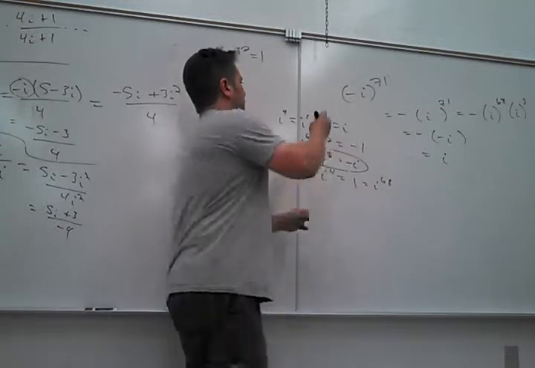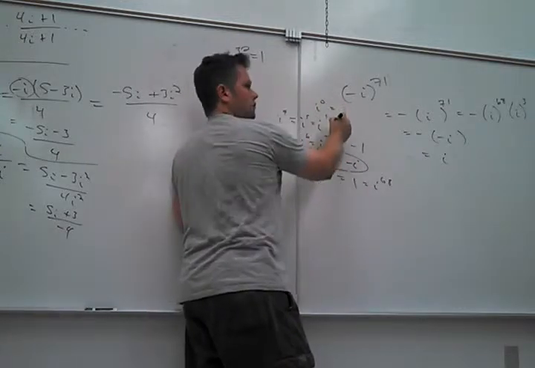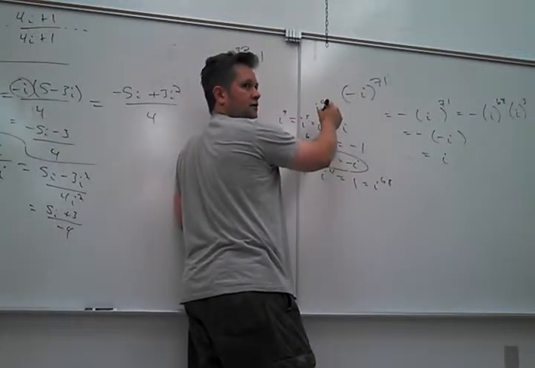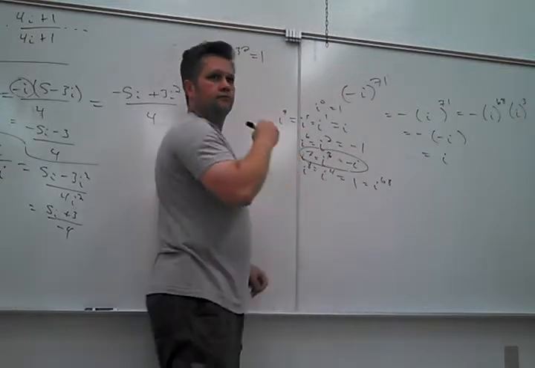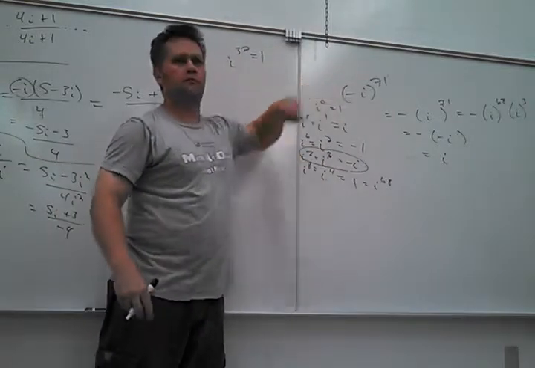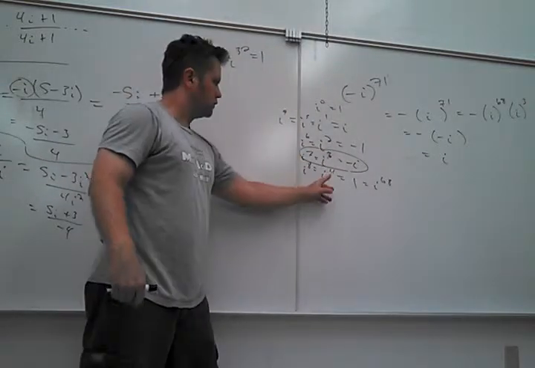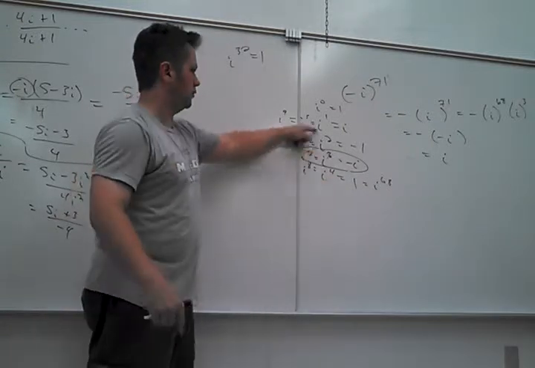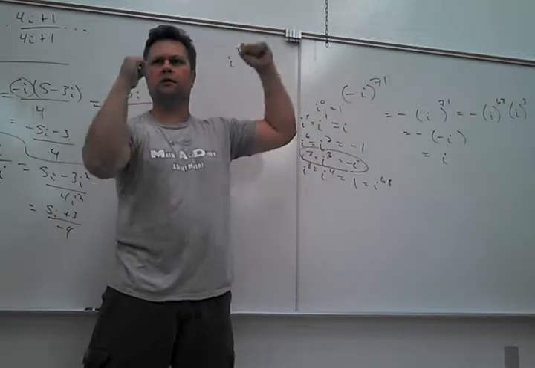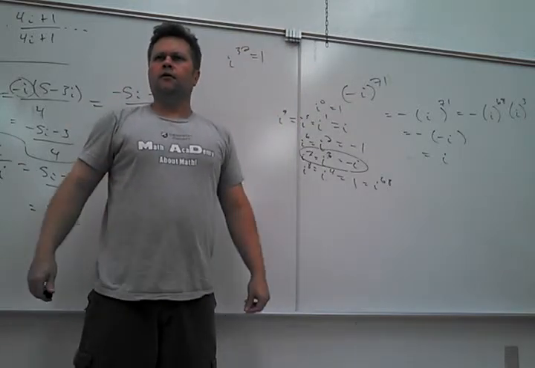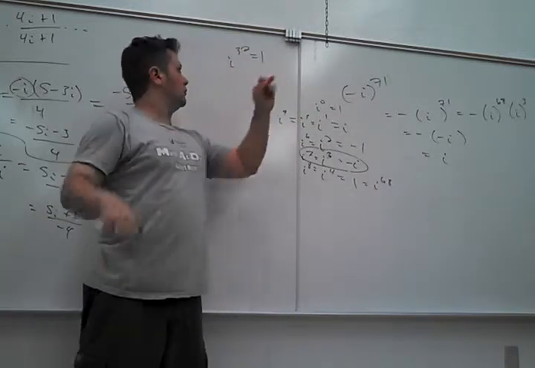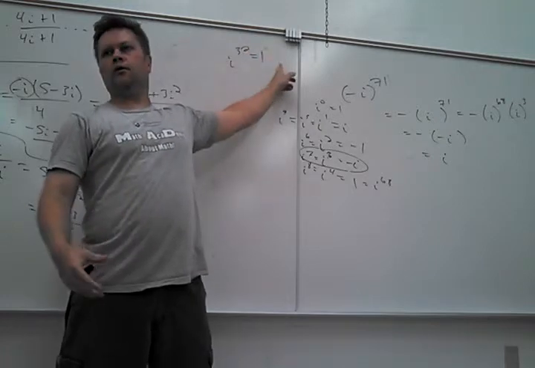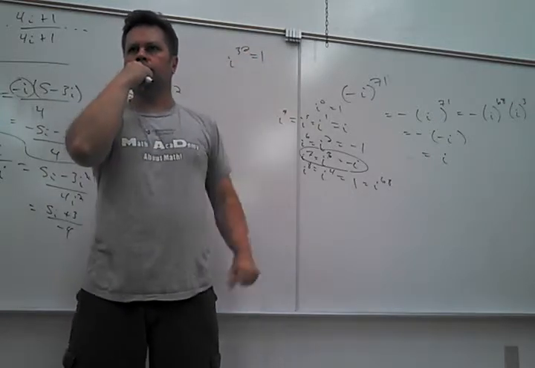Or even if you like, what's i to the 0? Anything to the 0 is 1. So with remainder 0, it's 1. If it goes in evenly, it's 1. Either way you want to look at it. If there's no remainder, then it's nowhere in the cycle. It must be at the beginning. Does that make sense? So any number I put here that's a multiple of 4, it's 1.